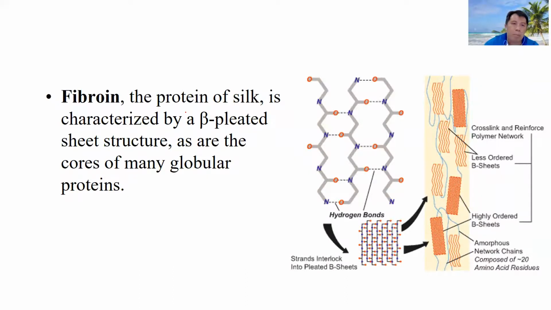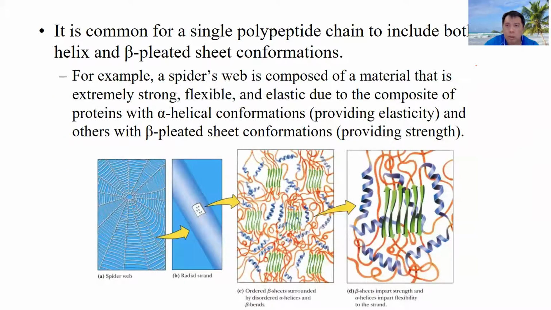Fibroin, the protein of silk, is characterized by a beta pleated sheet structure, as are the core of many globular proteins. So this fibroin here, you can see they have a lot of beta pleated sheet, so that means they're much stronger.